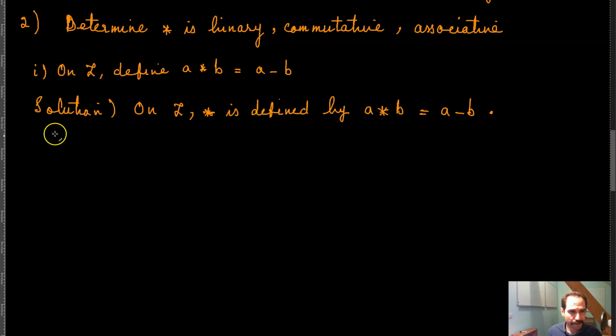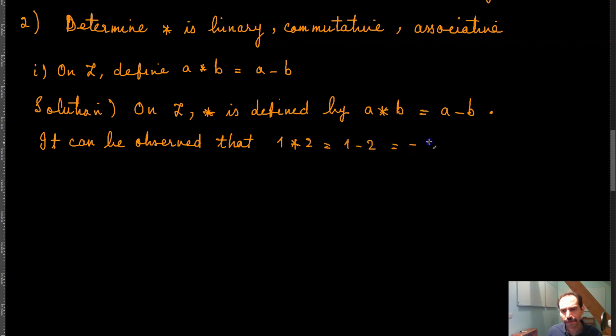So it can be observed that 1 star 2 is equal to 1 minus 2, which is equal to negative 1, which of course belongs to Z. And 2 star 1 is the same thing as 2 minus 1, which is equal to 1, which also belongs to Z.